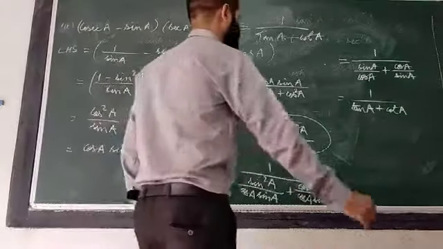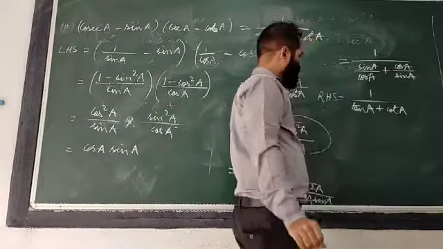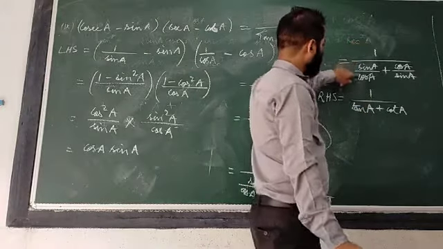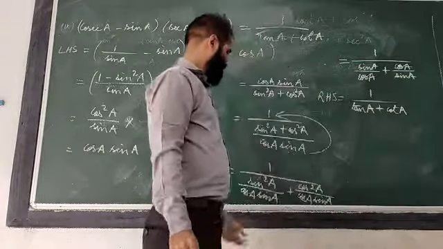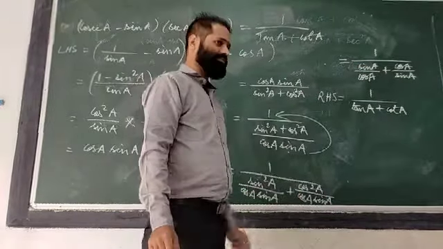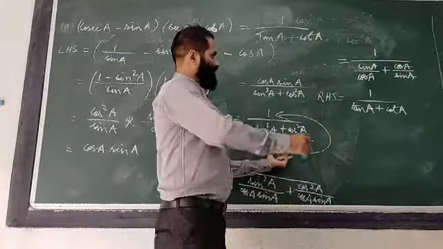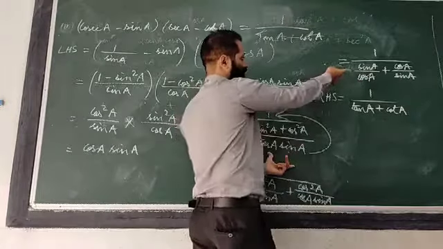How? Just see. This is the reverse process. This is your RHS. This can be separated as 1 by sin by cos plus cos by sin. Next, you take the LCM. You will have cos A and sin A. Now cos is there, but your LCM is cos and sin, so sin will be multiplied there.